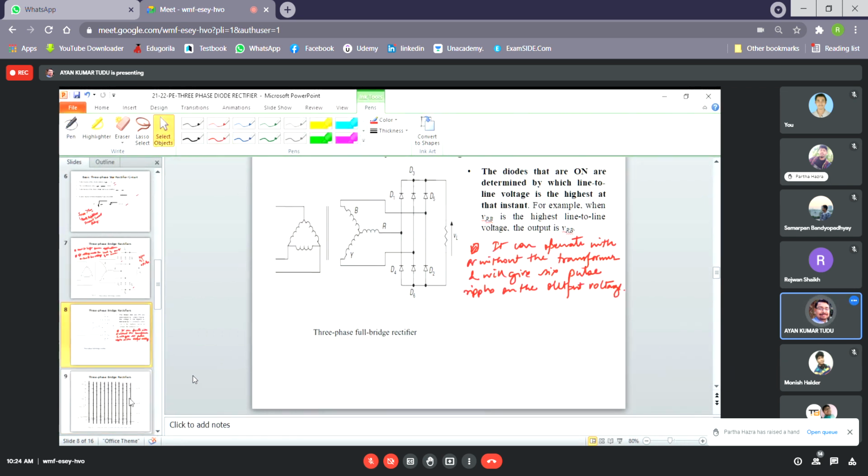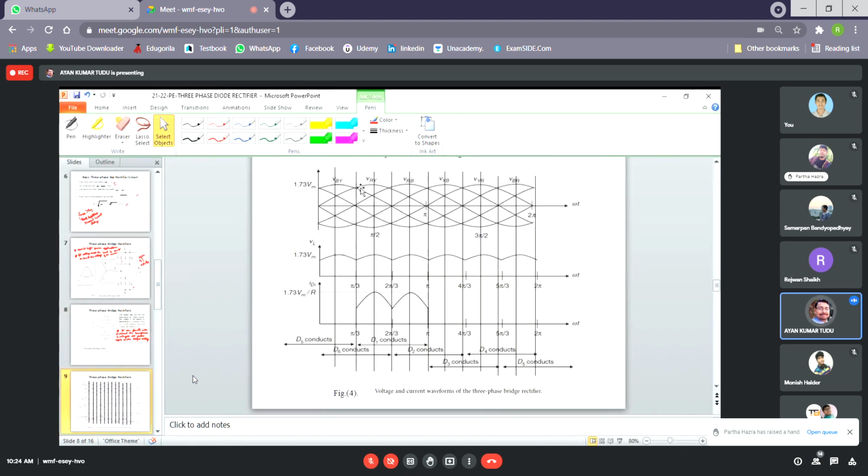We'll be seeing it here. As you can see, it gives 6 pulse output in the output voltage. From 0 to 2 pi, as you can see, 1, 2, 3, 4, 5, 6: 6 pulse ripples on the output voltage.